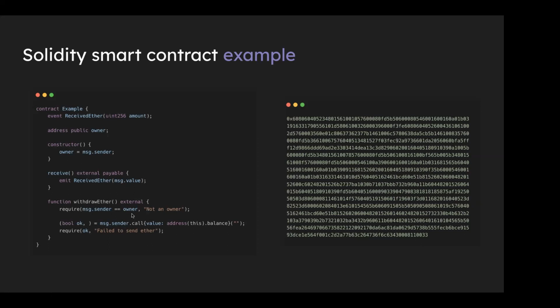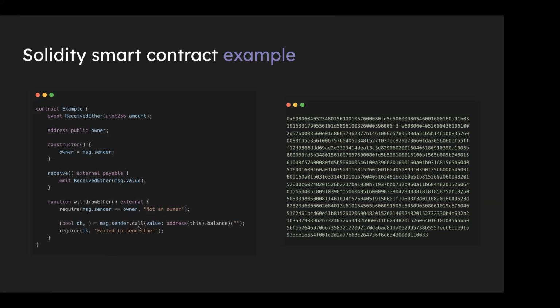And this type has a function call, and we pass as value the balance of the contract. And this is just an empty byte. So the message sender will receive Ethereum, and the whole balance will be transferred to the message sender.